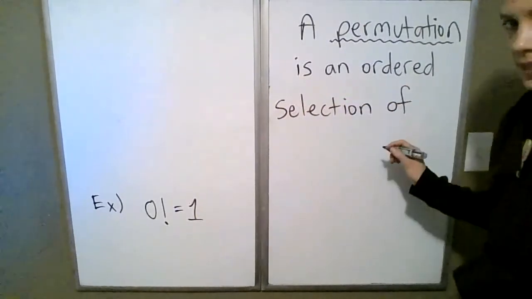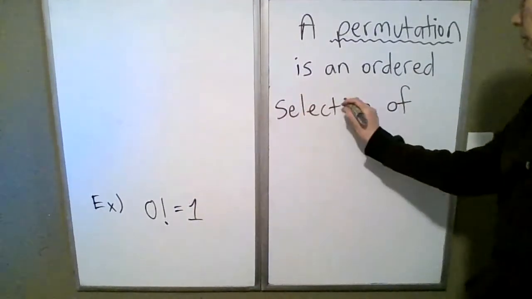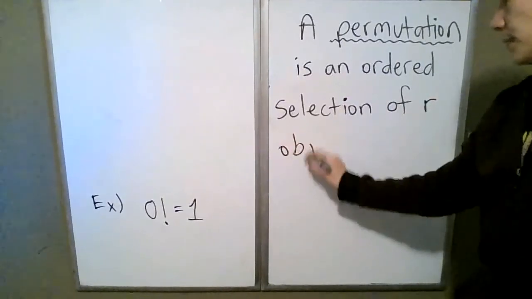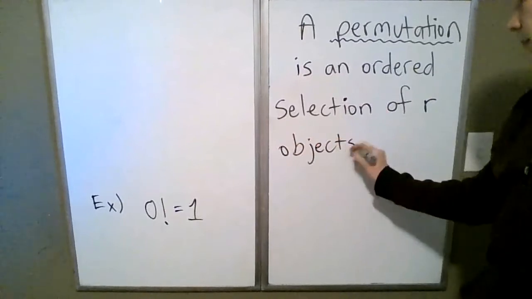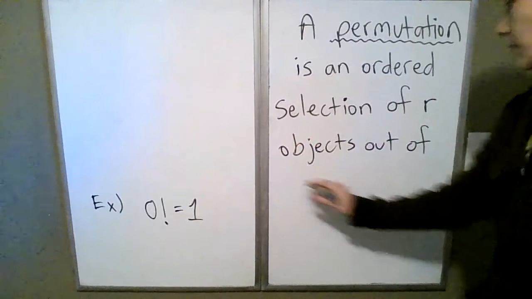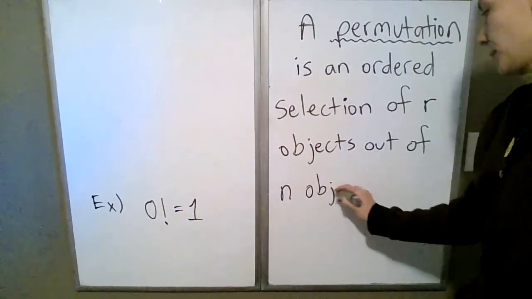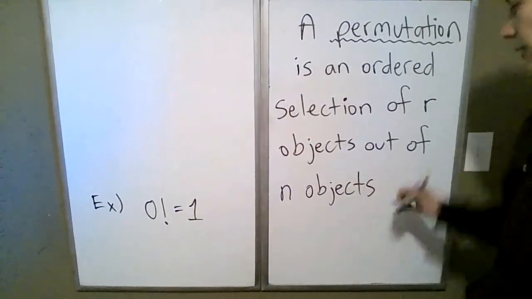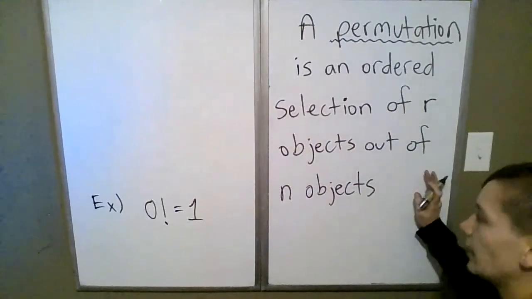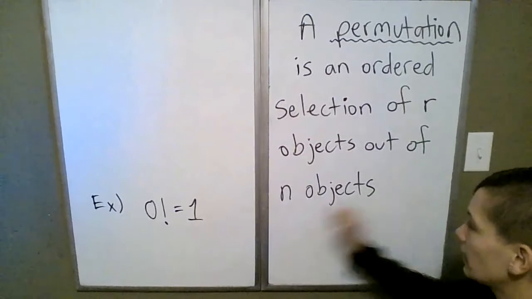We're going to select R objects out of N total. And we're going to look at permutations without replacement.